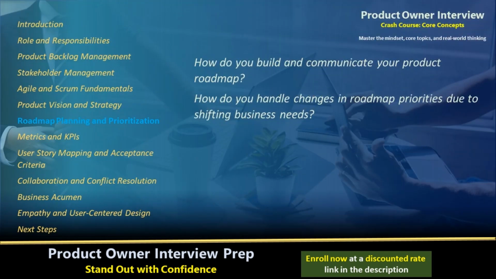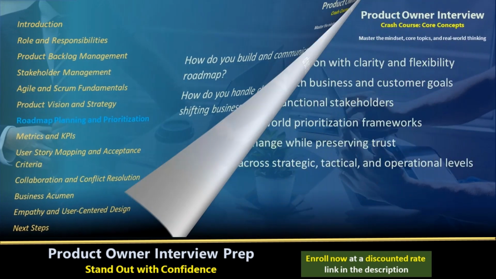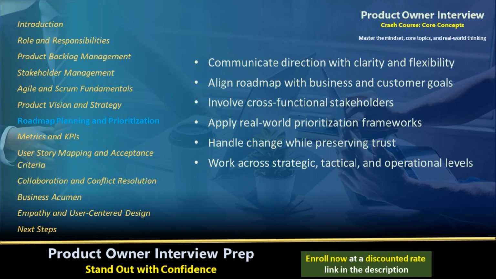In interviews, you may be asked, how do you build and communicate your product roadmap, or how do you handle changes in roadmap priorities due to shifting business needs? Begin by explaining how you align the roadmap with the product vision and business goals. Talk about involving stakeholders early, understanding strategic objectives from leadership, capturing input from sales or support, and incorporating customer needs and market trends.